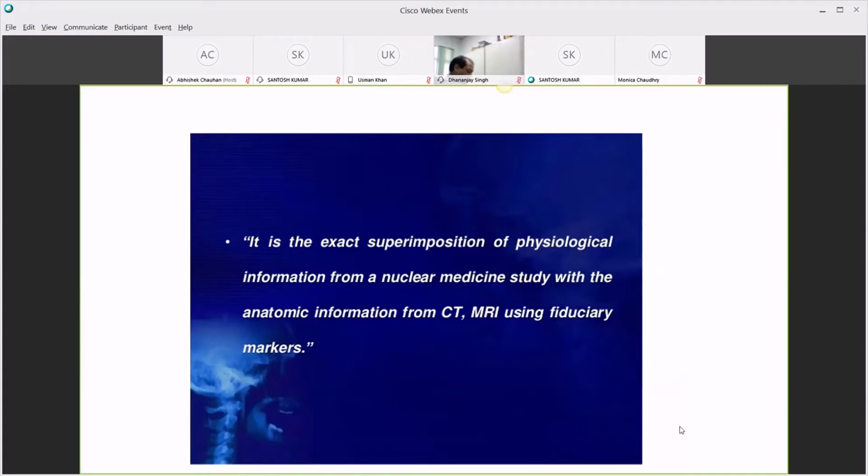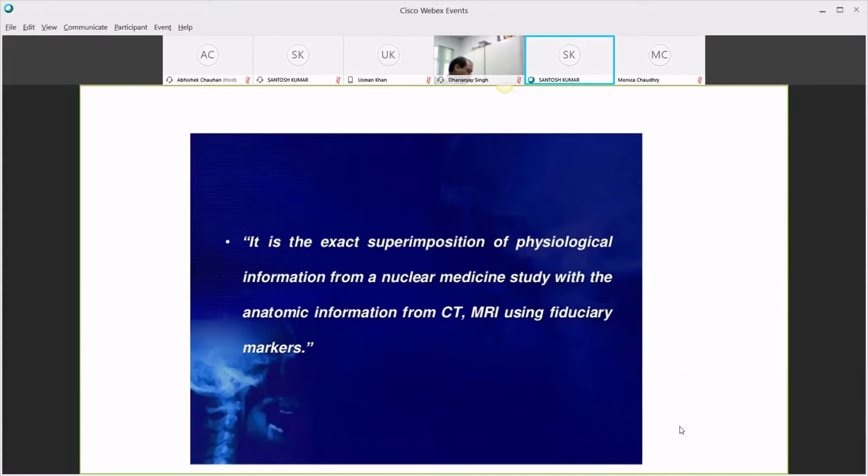So we just want to know why multimodality has to come into the picture. We require anatomical imaging, and at the same time, we also require the physiological information.